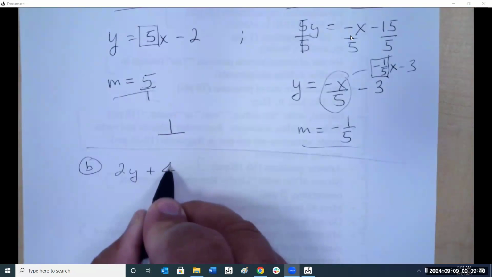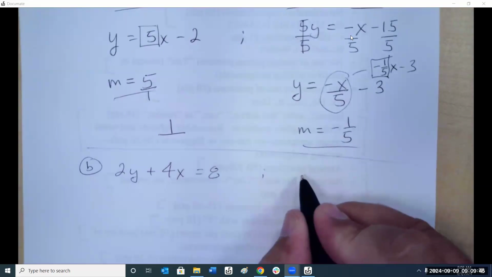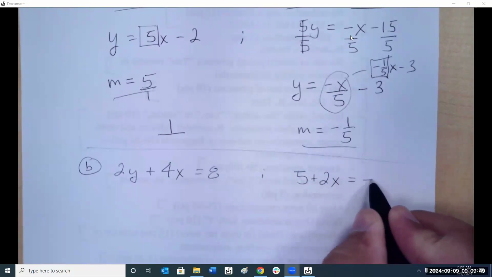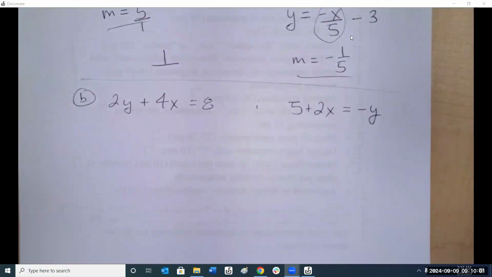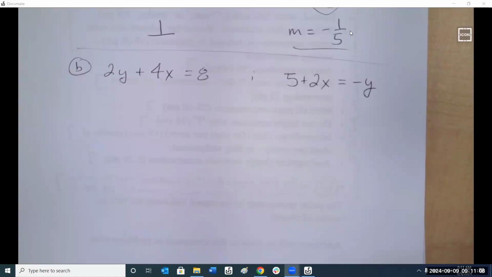Next: 2y plus 4x equals 8, and 5 plus 2x equals negative y. What do we do with the left example?